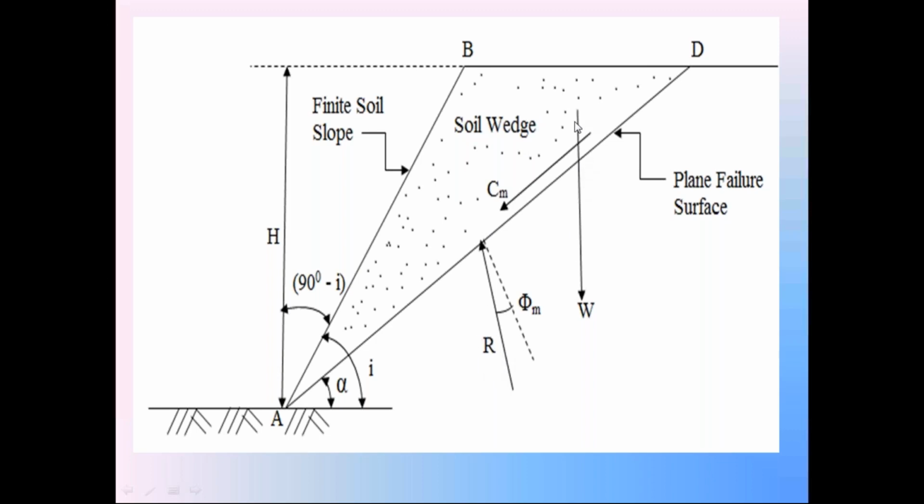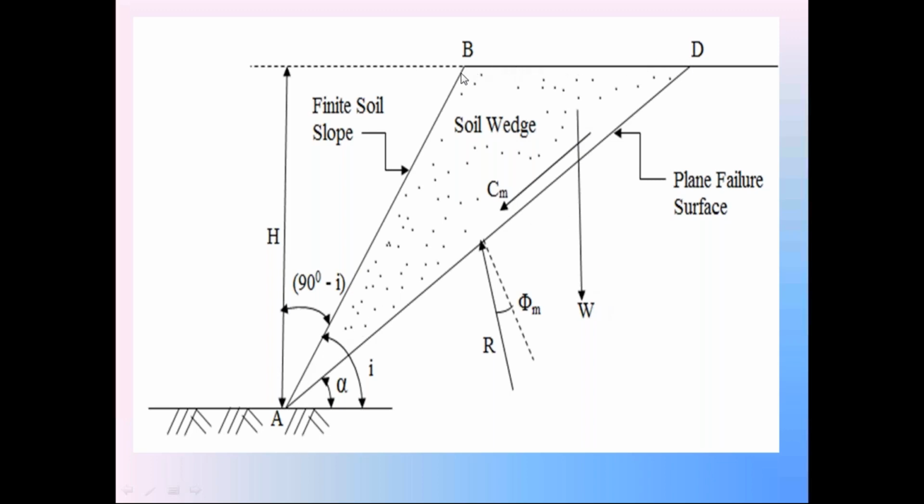First I explain the weight of the side wedge ABD, W. You know how to calculate this W. W is the weight of the side wedge. Calculate the area of this side wedge ABD in the graph sheet, take the unit thickness, find out the volume. We know the gamma value from the field. So the weight W is equal to unit weight gamma into volume of the soil wedge.